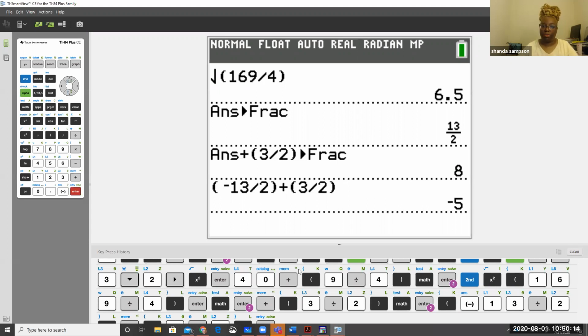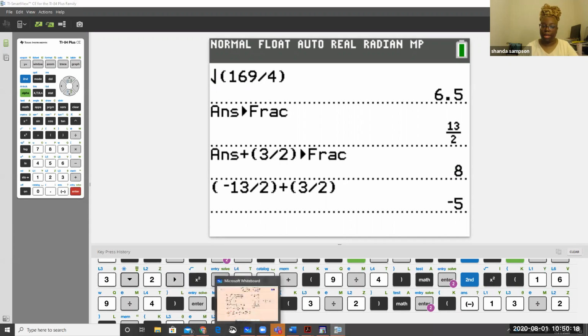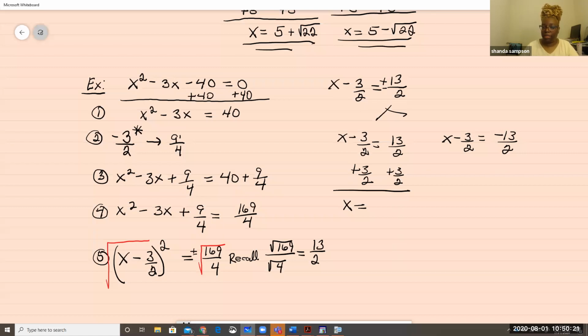So let me make sure I get it right. That was the plus 13 over 2, which you could have done by hand, and I did not. If you remember regular fractions, then this would be 16 over 2. That's why they got 8. So x equals 8.